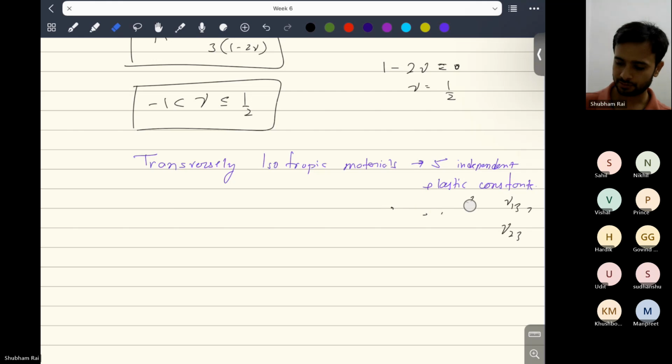independent. So if you want to have the complete derivation, you can look to a book by Martin H. Sadd. Its title is, I think, Theory of Elasticity.